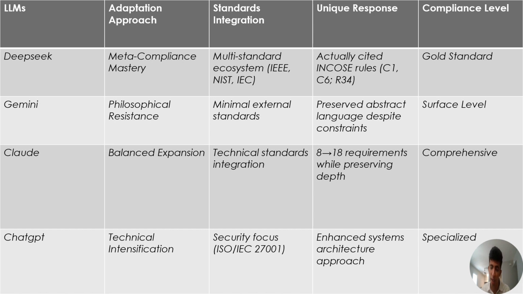Whereas Gemini stuck to whatever academic theory it was trained upon. Claude balanced between what the Incozy guide gave and what it had already learned through training. And ChatGPT gave deep understanding of both engineering and technical documents.